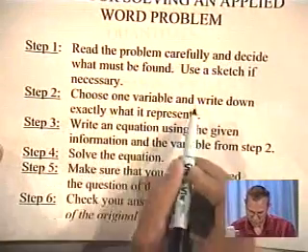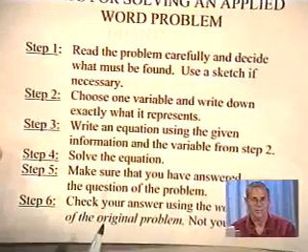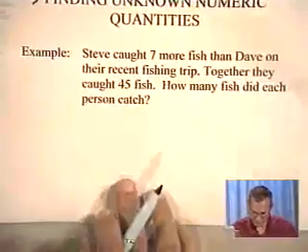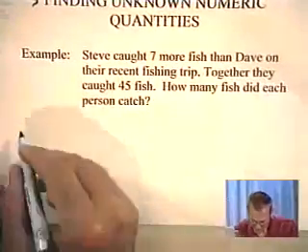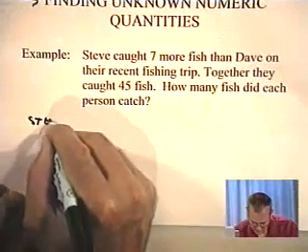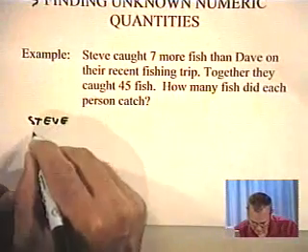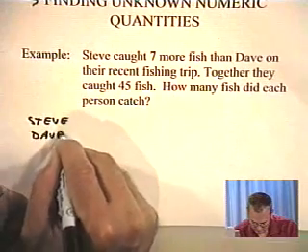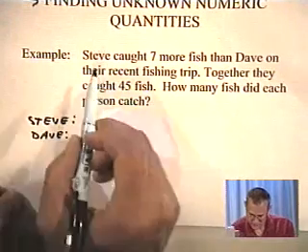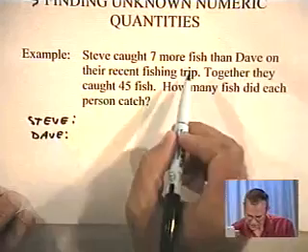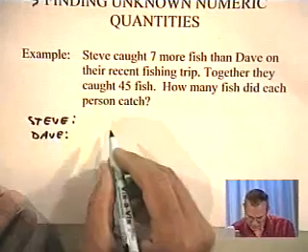Let's choose one variable and write down what it represents. So I've got Steve and Dave catching fish. Steve caught 7 more fish than Dave.